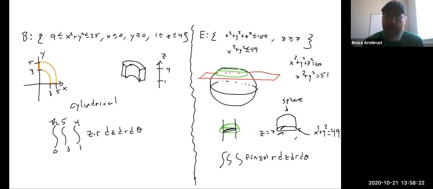The z's are going to go from 7 up to the sphere. The equation of that sphere is going to be the square root of 100 minus r squared. If you take this equation, solve it for z, you put r squared in for x squared plus y squared. There you go.